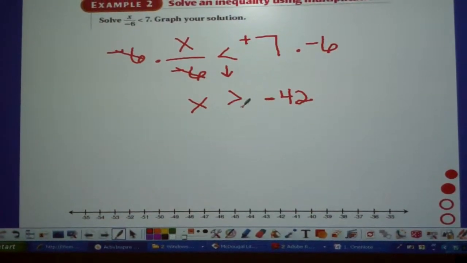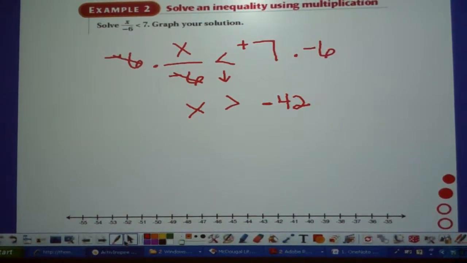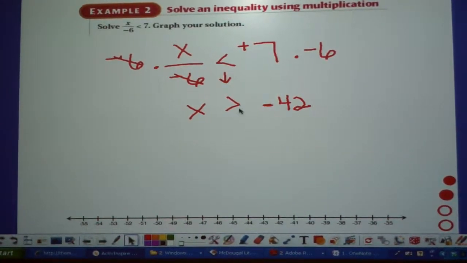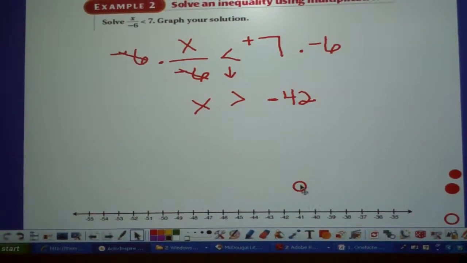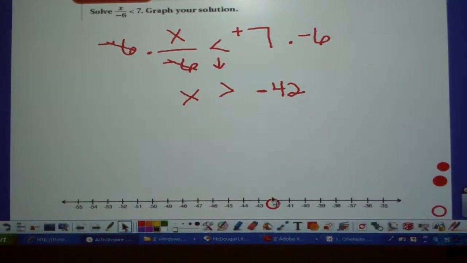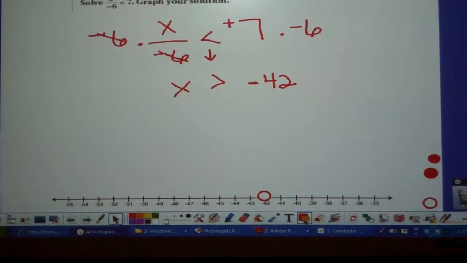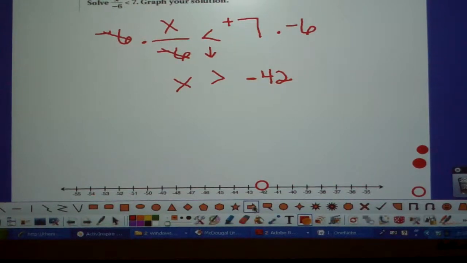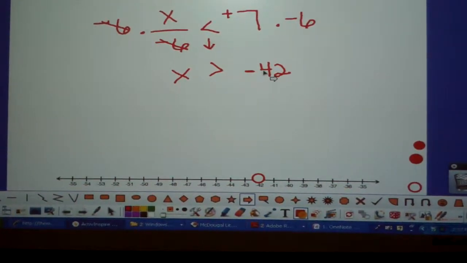Since we don't have a line underneath, that means we need an open circle. So our open circle is going to be at negative 42. I'm going to take this over to negative 42 and grab my arrow. This says x has to be greater than negative 42.